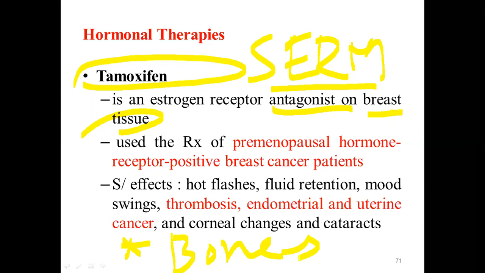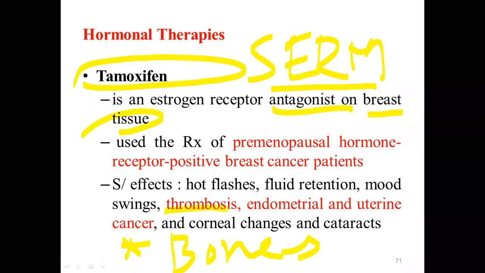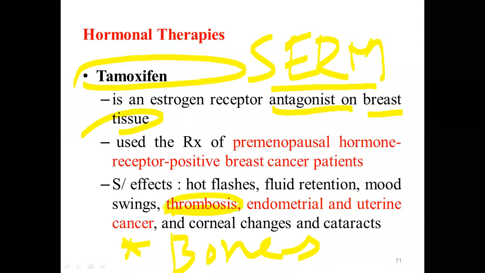Then the major issue is that tamoxifen has an estrogen-like effect on the liver clotting factors, so it actually increases thrombosis. By the way, this is the major aspect we are going to monitor.